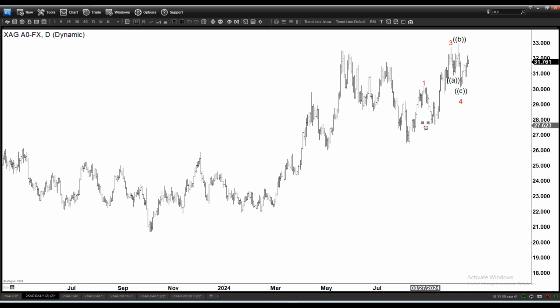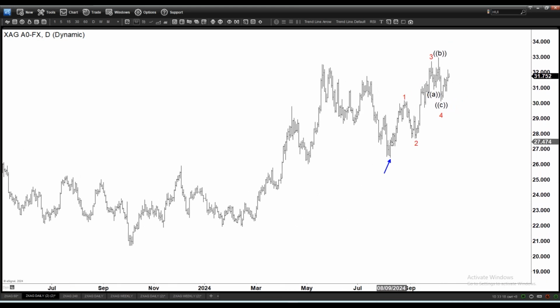You notice here that technically it seems like we only have a 3ish rally from the lows here, since the rally should be considered an impulse because we continue to make a high. So it looks like we are missing at minimum one more leg higher. It could be more than that, but it seems to be lacking at least one more leg higher in silver to finish a 5 waves up from this low here.